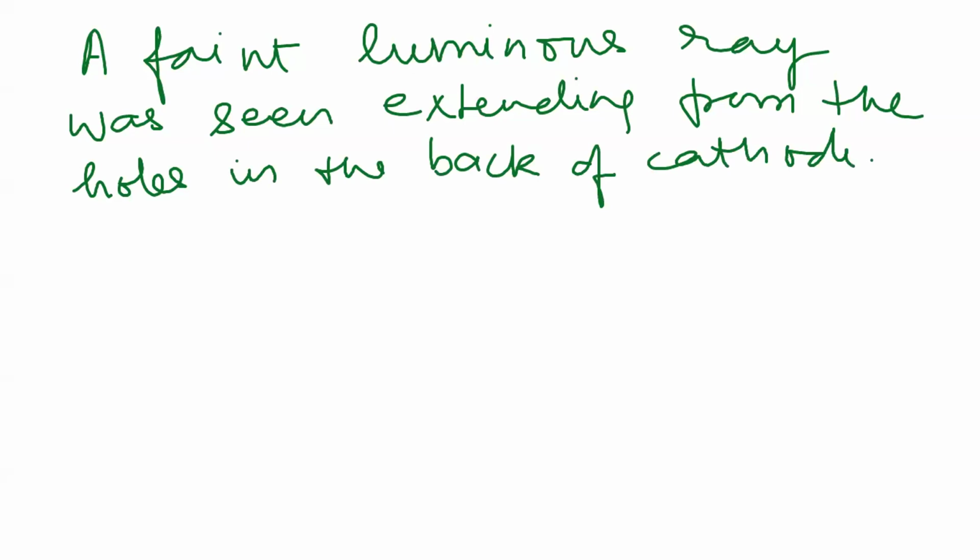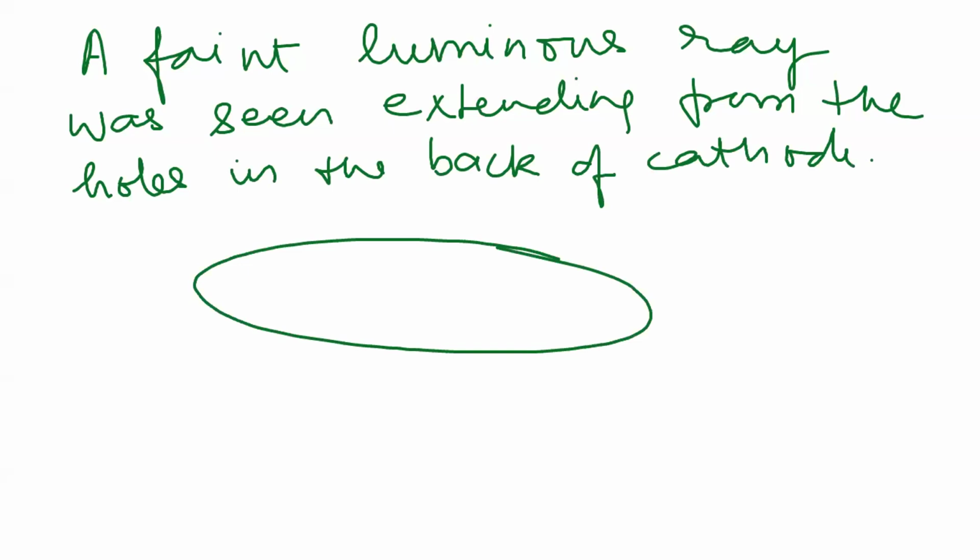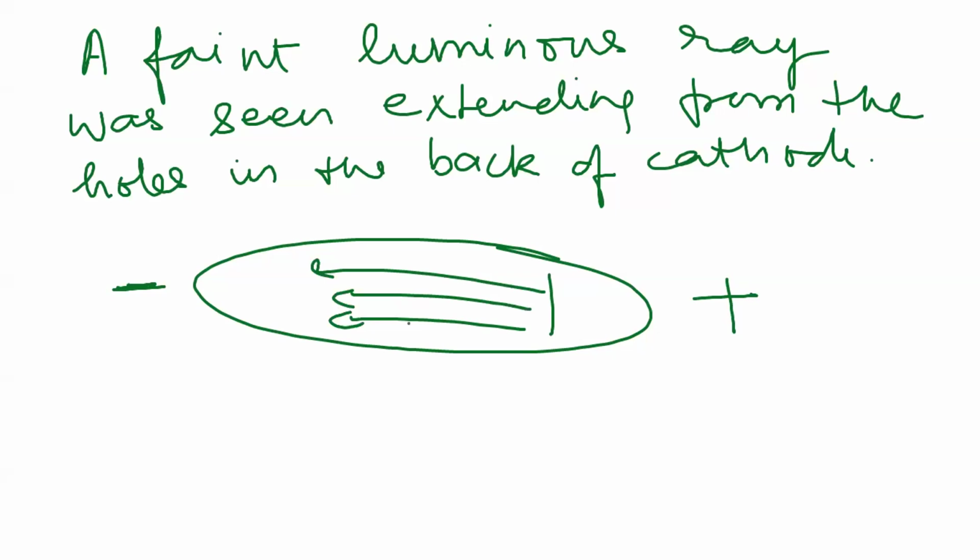Mind it, anode and cathode were in the same place. It was not that the cathode was shifted to the right side. In the discharge tube, the cathode will remain here and the anode will remain here. Now the rays traveled from anode to cathode, and they could see the scintillating effect. Got it?